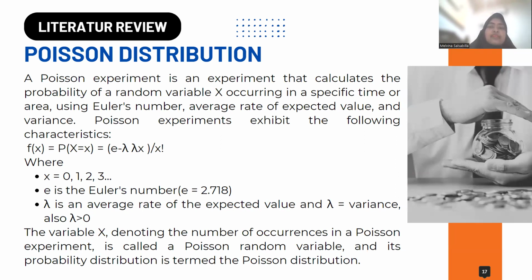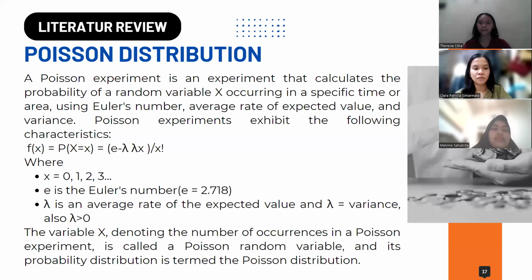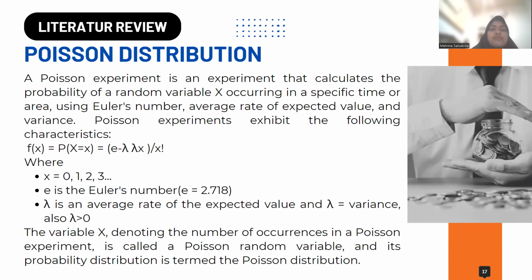Poisson experiments exhibit the following characteristic. f(x) equals p(x) equals e to the power minus lambda, lambda to the power x over x factorial, where x is 0, 1, 2, 3, and so on, e is Euler's number, 2.718, and lambda is the average or expected value, and lambda equals the variance, also lambda is greater than 0.